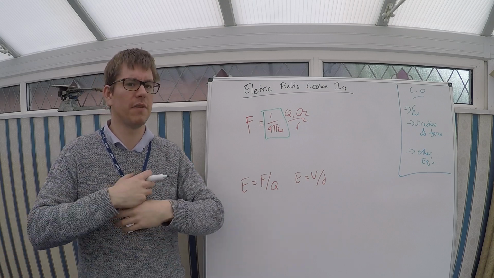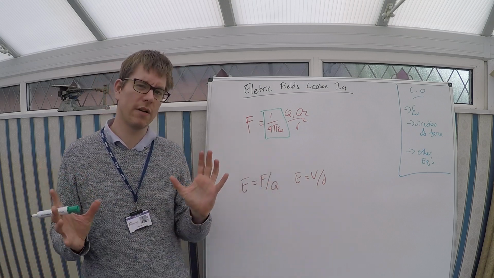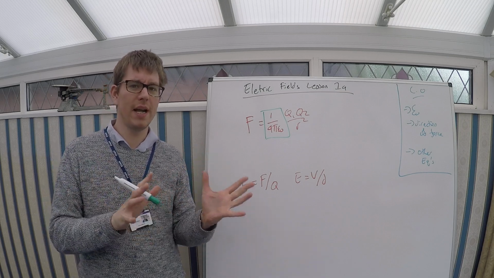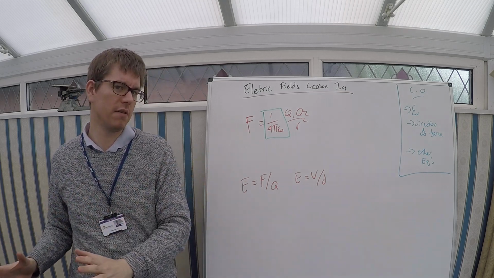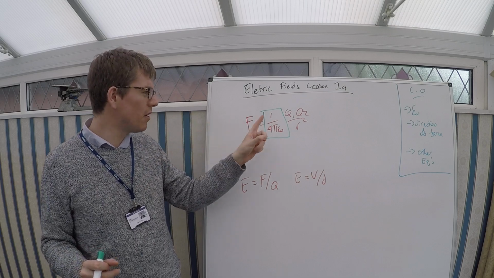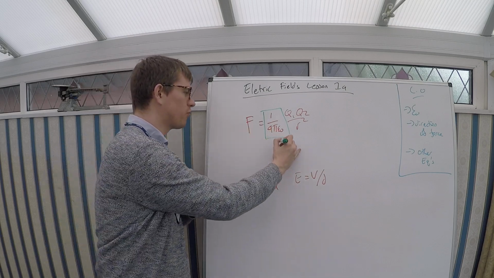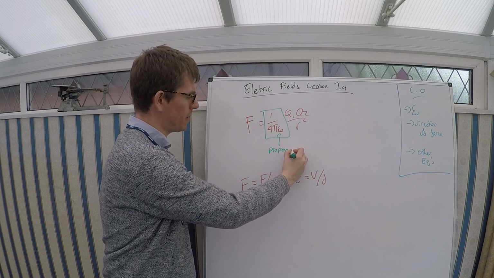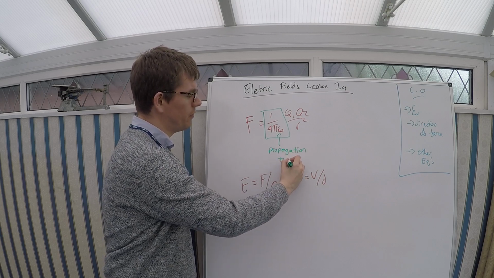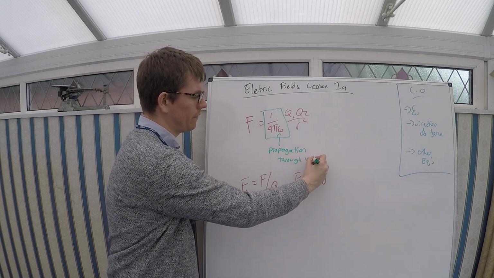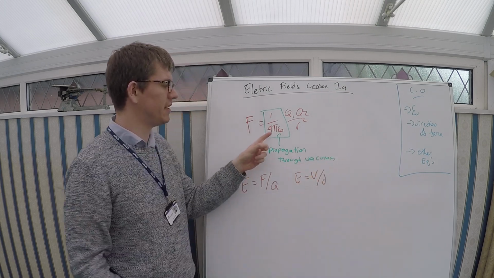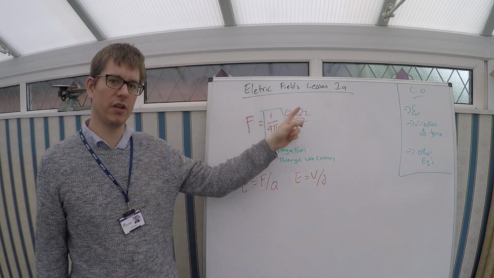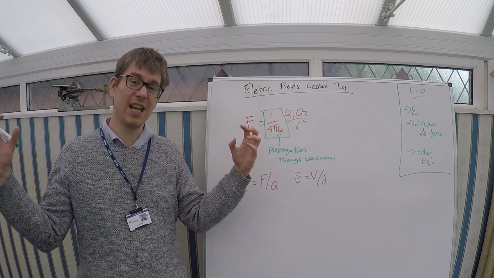Gravitational fields just happen, but electric fields propagate differently through different materials. And epsilon naught is the propagation factor through a vacuum. So this means that this is the force equation for two charges which are in a vacuum.